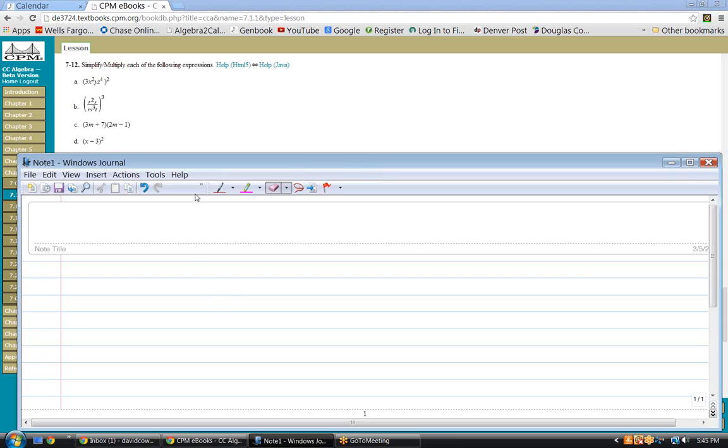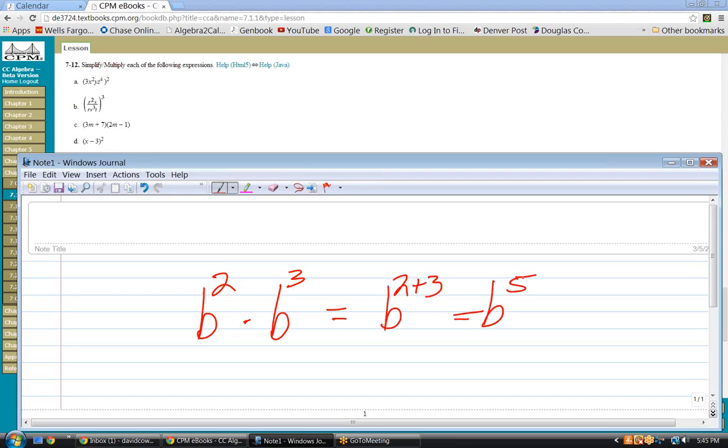First of all, let's talk about exponents. If I say that b to the second times b to the third, if I am multiplying the same base to different exponents, then I'm going to add the exponents, which is equal to b to the fifth. That's rule number 1.